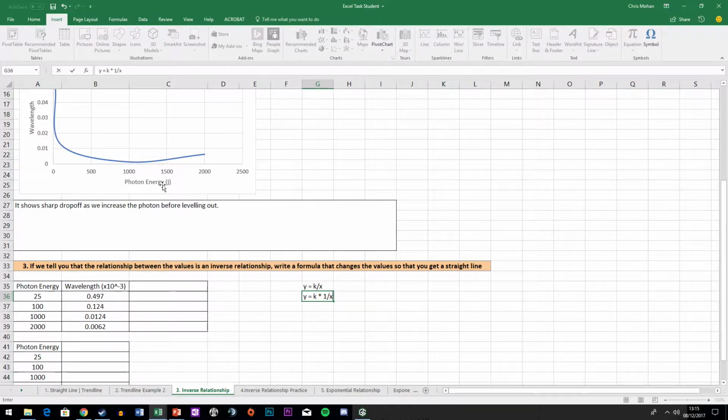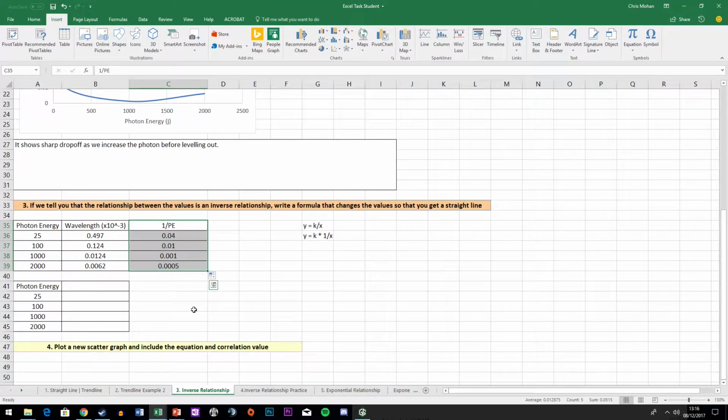So our x values were the photon energy. So I've given you a bit of space here at the side to say, right, I'm going to do 1 over the photon energy here, which I'm going to call PE. So if I do that, it'll be equals 1 divided by, and then I can just click the photon energy button, and I'll get a new value. If I click and drag down, it'll assume that I'm using the 100, the 1000 and the 2000, and I will get a new table of values.